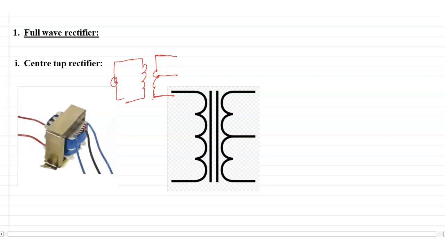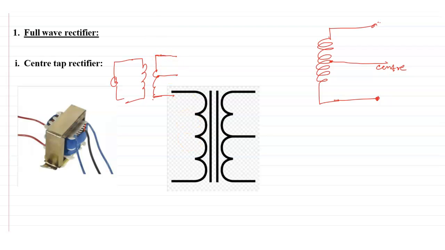The additional terminal comes from the middle of the winding of the secondary coil. Suppose this is the secondary coil winding, this is the wire with two terminals, and at the middle point of this wire we connect another wire. So there are three terminals. This is called a center tap transformer.